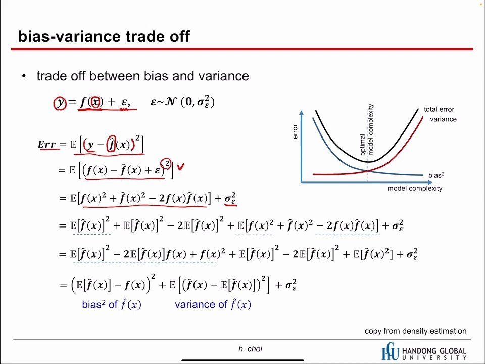And we can use this term. The expectation of epsilon is 0 because the noise has a 0 mean. And then this line goes here, and then we add this term twice, and we subtract this term twice.